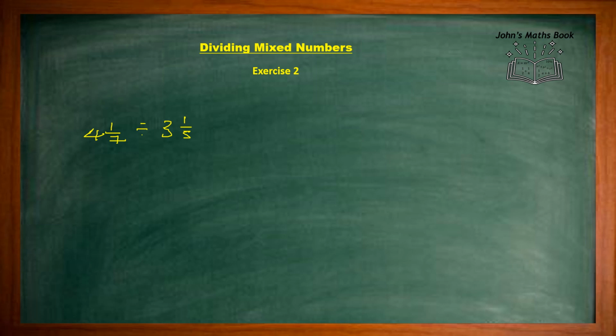So first of all, convert the two mixed numbers to improper fractions. So 4 1/7 is 4 times 7 plus 1. So 7 4s are 28 plus 1 gives us 29 divided by 7.